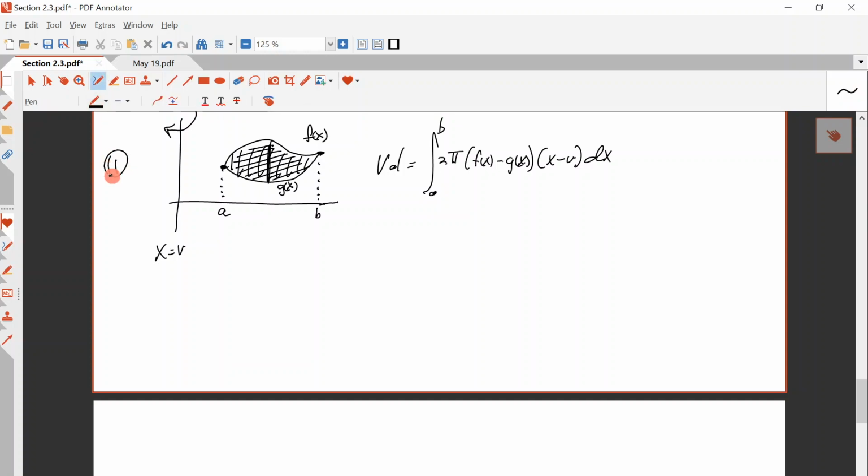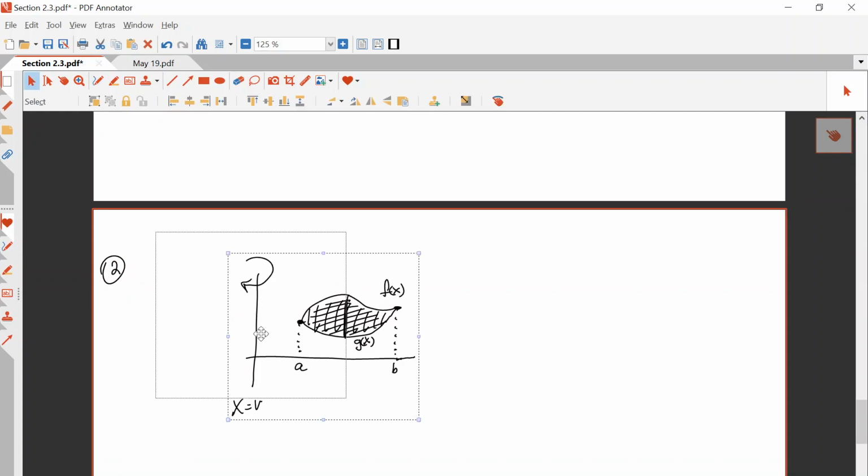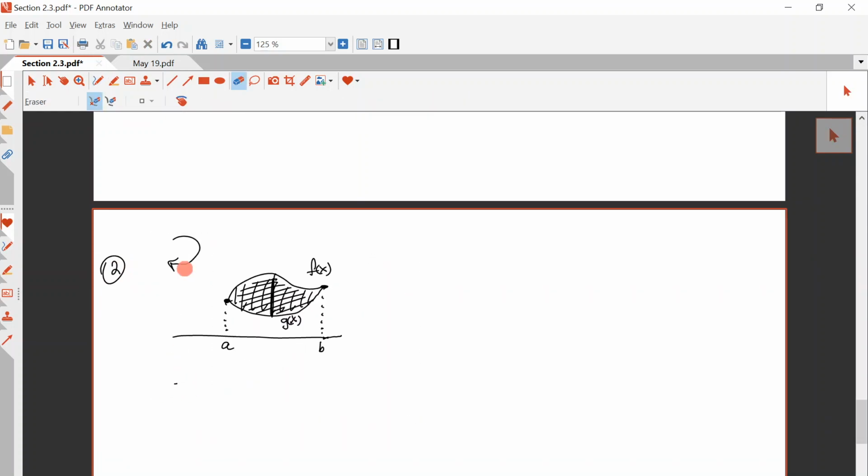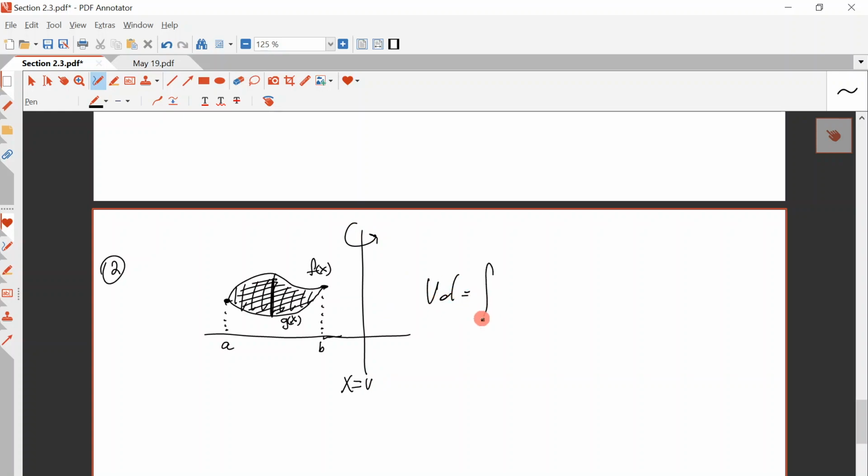So that's situation 1. Situation 2. So x equal to v is over here, and we're rotating that way. So here the volume is the integral from a to b of 2 pi times the height of the shells, now times v minus x, because the radius of the shells going around here is right minus left.